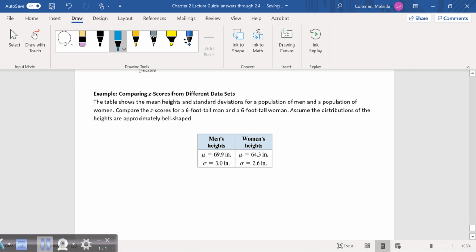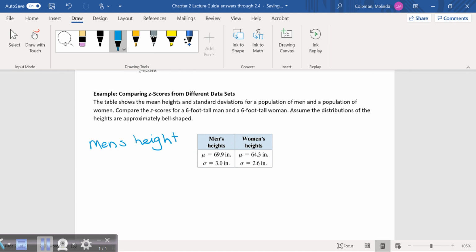So the table below shows the mean heights and standard deviation for a population of men and women. Compare the Z-scores for a 6-foot-tall man and a 6-foot-tall woman. Assume the distributions of the heights are approximately bell-shaped. So if we look at the men's height, it says that the average man is 69.9 inches tall with a standard deviation of 3 inches.